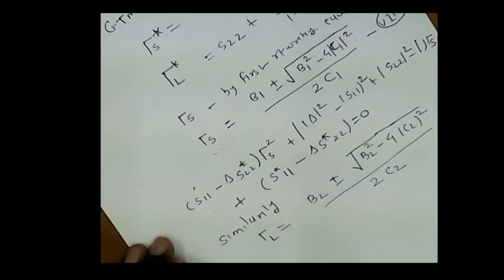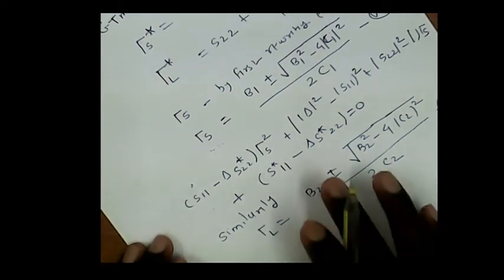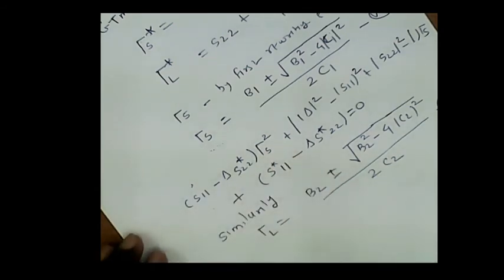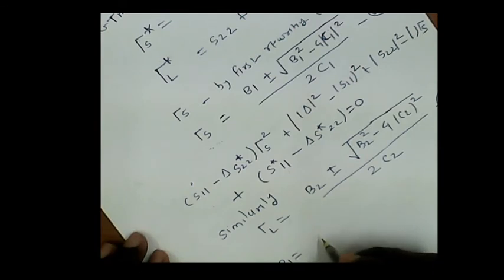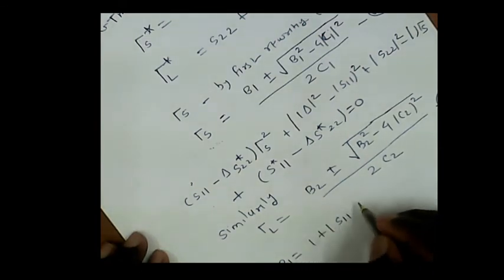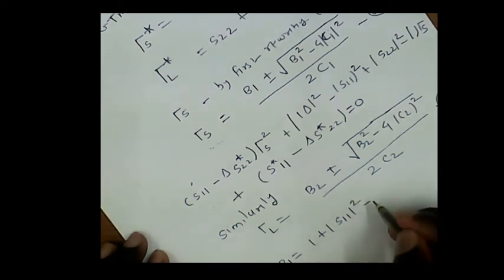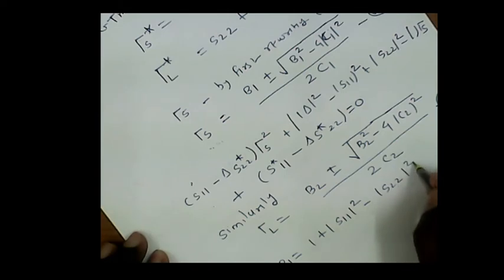Now, when we solve for the variables from this quadratic equation, we get B1 is equal to 1 plus S11 squared minus S22 squared minus delta squared.